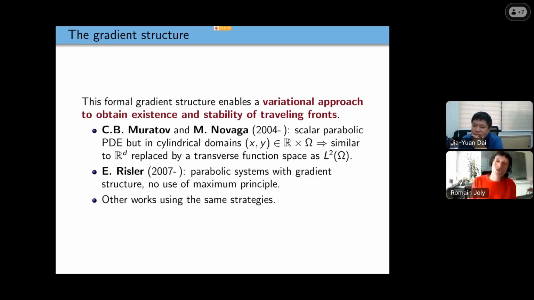It's an interesting and natural question, but I have no time for the moment to look at it. Again, you expect some transversality. So generically, with respect to the potential, you expect that this traveling front connecting two equilibria of the transverse PDE will be stable in some sense. Okay. Thank you.